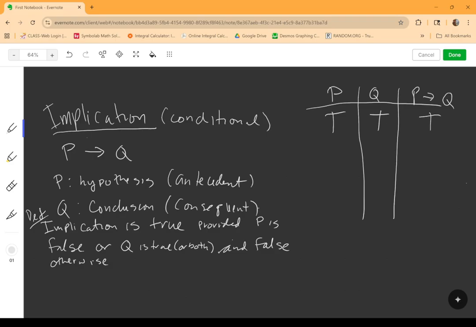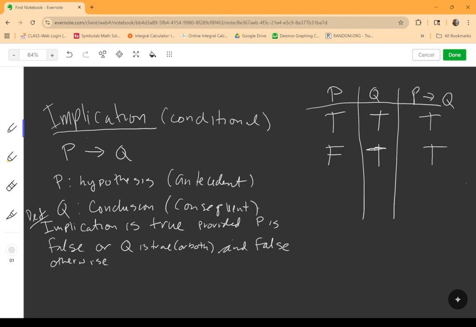Then here, Q is true, but P is false. That is also true by definition. Again, think of the hypothesis as the promise. If the promise happens, then the implication must happen as well.